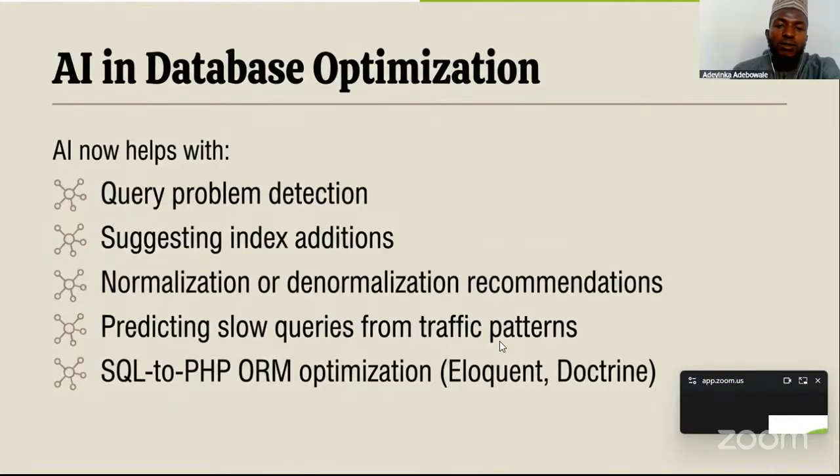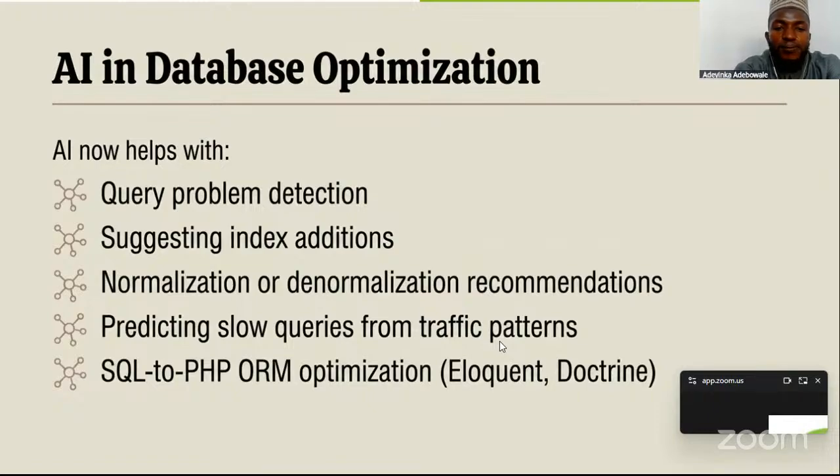So you don't have to start running around or getting worried when your solution becomes slow. These days, you can just pass it through an AI tool and it helps you figure out where you may need to optimize or normalize or de-normalize your queries or your tables.